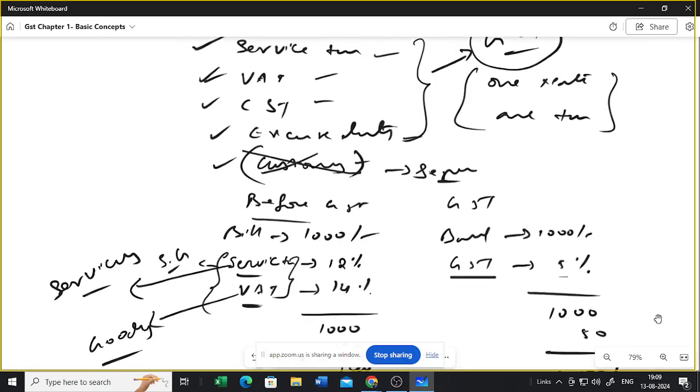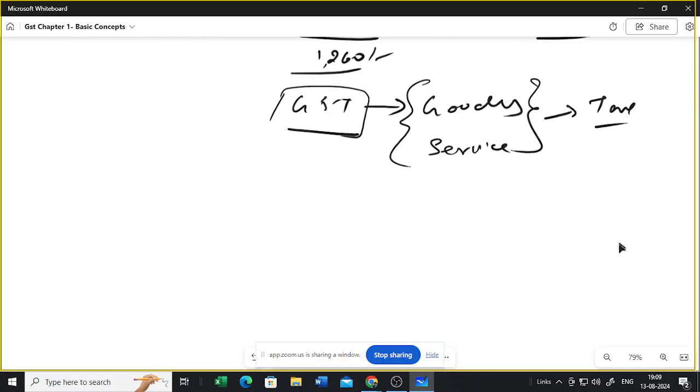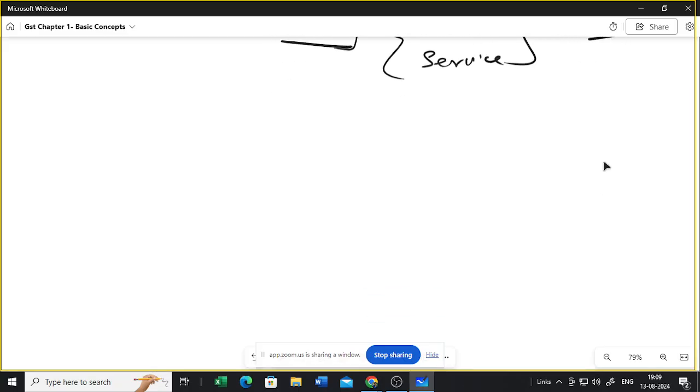But when the struggle started for the GST, before we had VAT, right? Overnight we cannot get all these acts. There should be a lot of hard work behind this. The word GST was started in the year 2000. Over the period it has faced so many struggles.